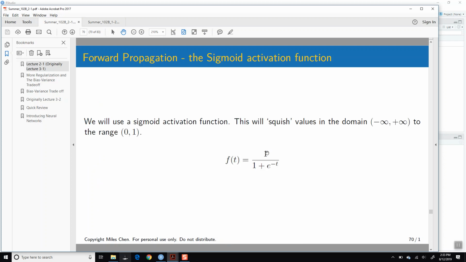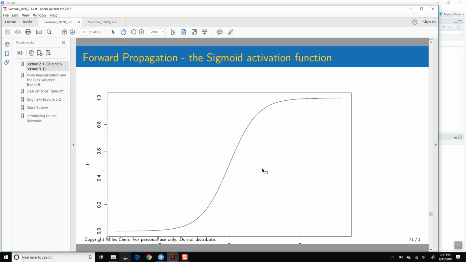So if t is like 1,000,000, you get 1 over 1 plus 0, which is 1. If t is like negative 1,000,000,000, you get 1 over 1 plus infinity, which is 0. And if you plug in 0, you get 1 over 2, which is 0.5, and then you get something in between.